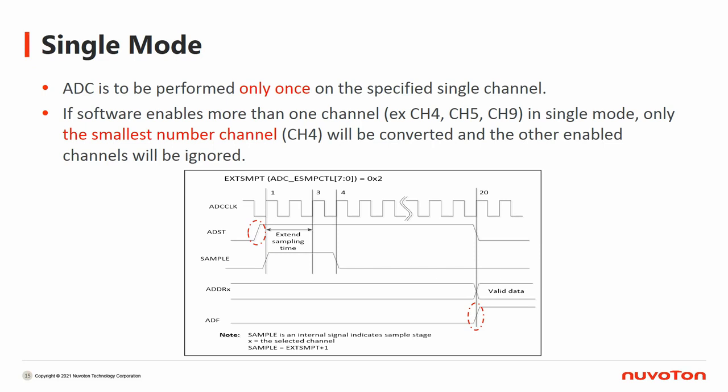When the conversion ends, the ADST bit is automatically cleared to 0, and the analog to digital converter enters idle state. Usually, the conversion time will take 17 ADC clock time. However, in this example, since there is an extra extended sampling time for 2 ADC clock time, the total sampling and conversion time would be 19 ADC clock time.